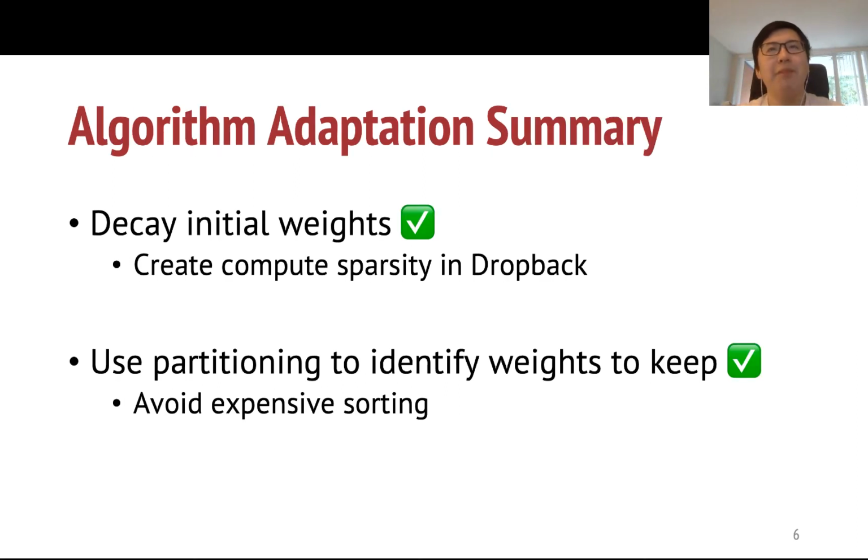To quickly recap, we have talked about two algorithm adaptation techniques to make sparse training algorithms amenable to hardware acceleration. One is that we decay initial weights to create compute sparsity, and the other is to replace the expensive sorting operation with a cheap partitioning scheme when identifying weights to keep.